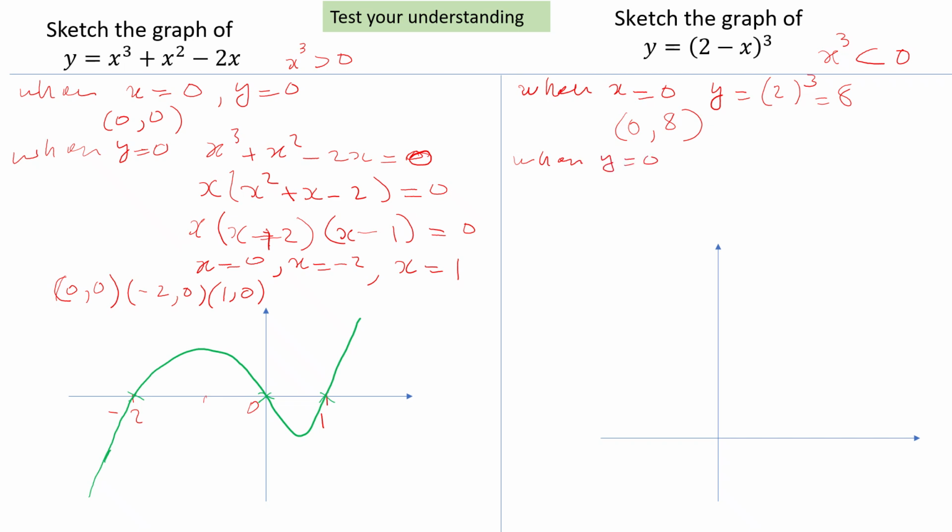When y equals 0, 2 minus x cubed equals 0, so x equals 2. All three roots are same. So the 2, 0. This is 0, 8, coordinates 0, 8, and 2, 0.